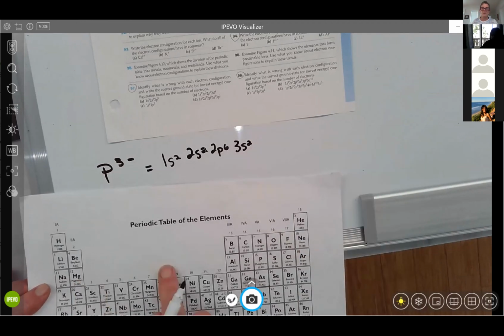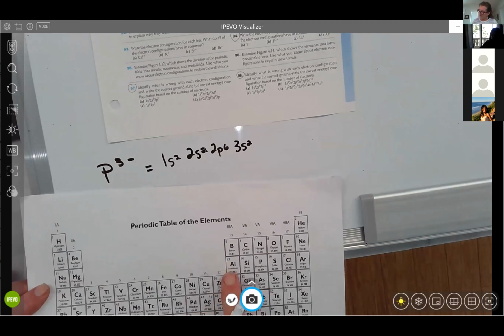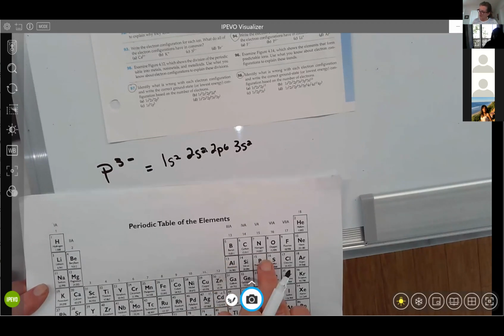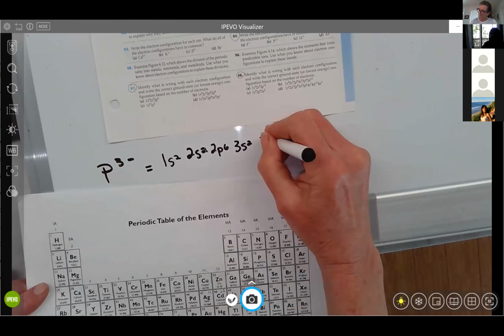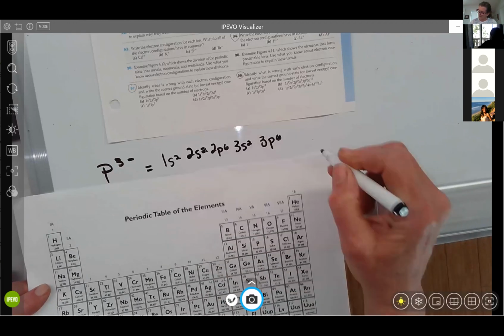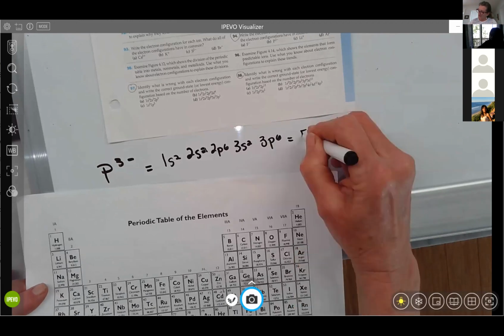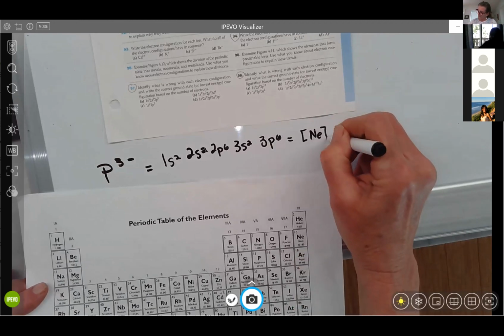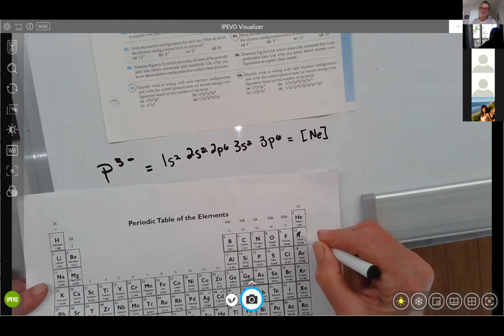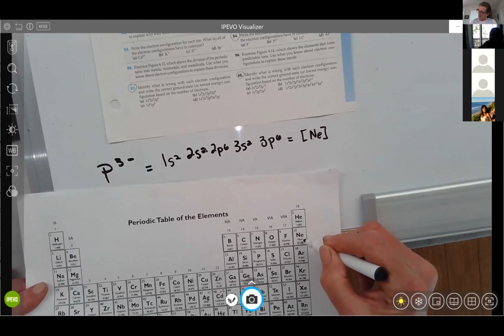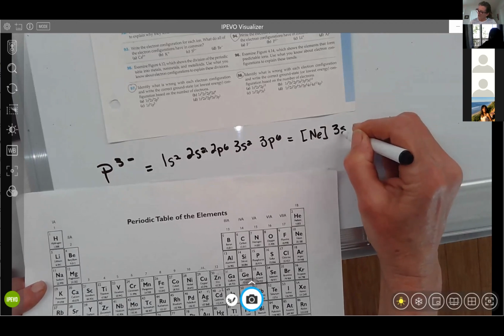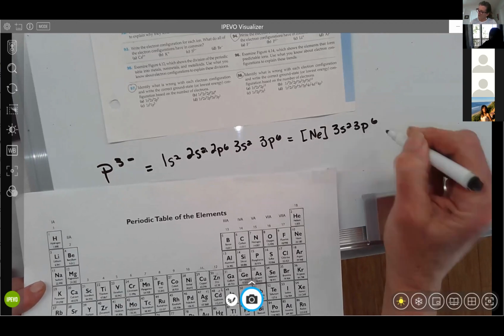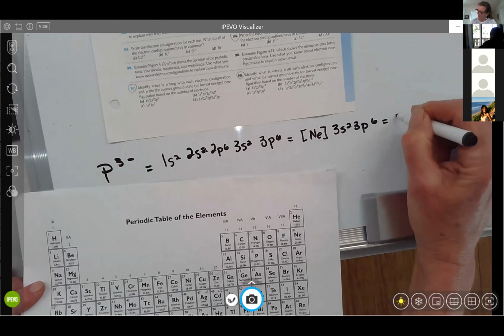And then I go across, and when I get to phosphorus, it's 3p3, but then I'm going to add 3 more, so it's 3p6. And we could also write that as neon, the noble gas in the previous row, neon 3s2, 3p6. Well, I guess really what we should do is write it as argon.